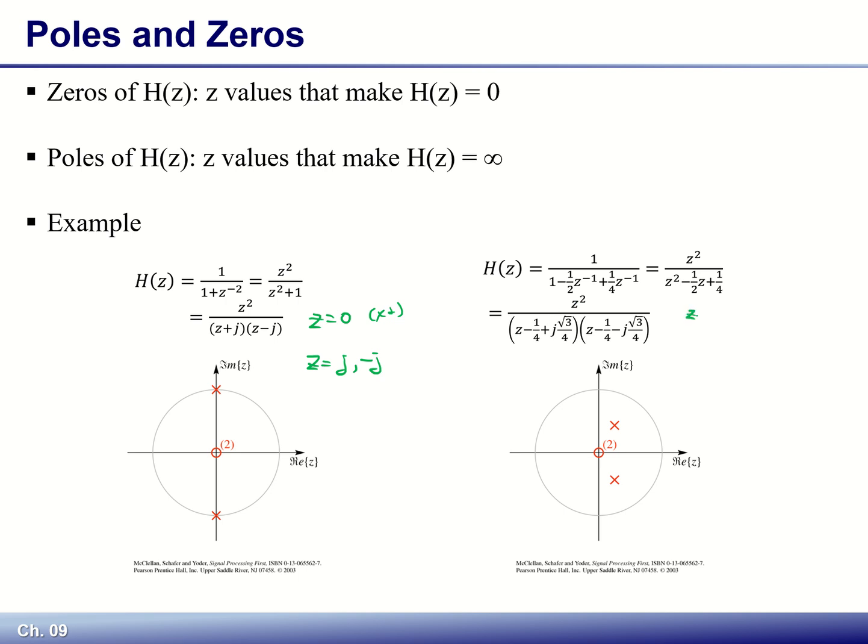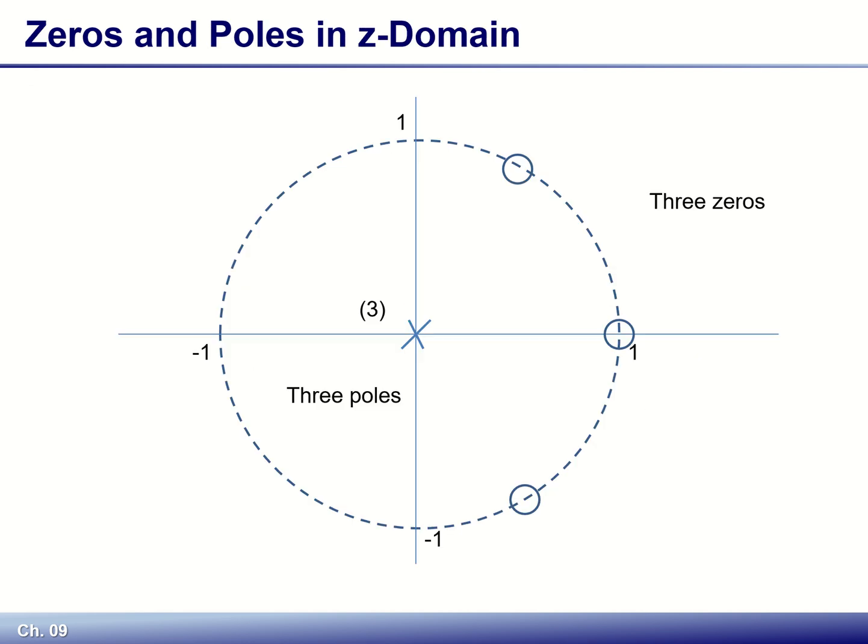Zeros are the roots of the numerator here, and the poles are the roots of the denominator. z is 4 plus or minus j3 here, marked with x. So we can express an example with 3 poles like that.